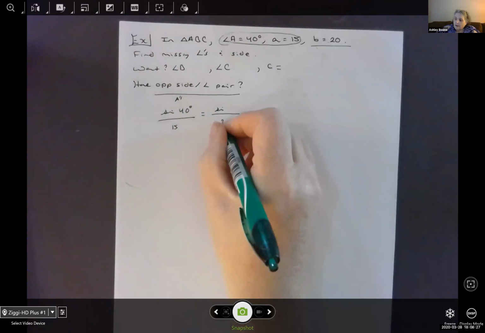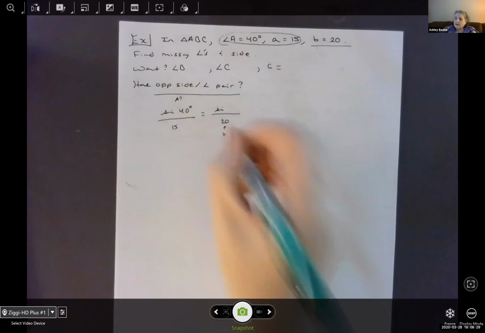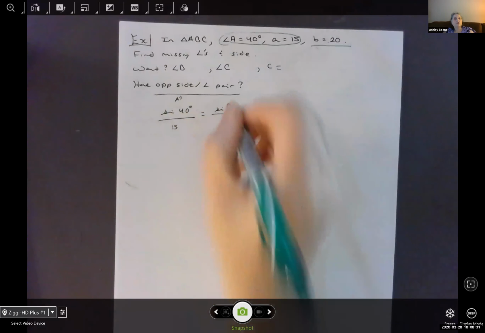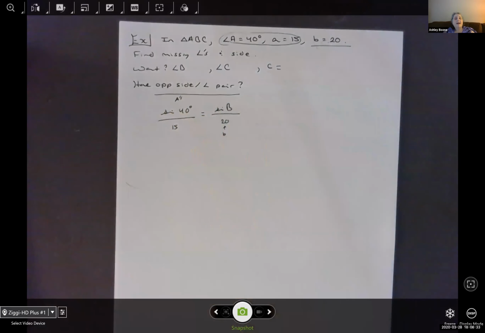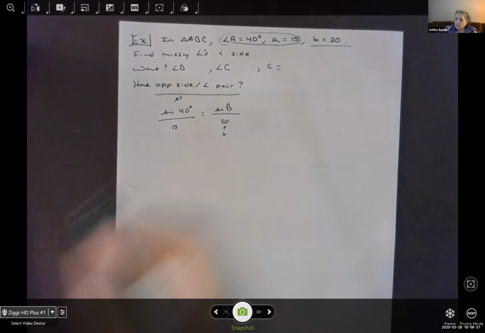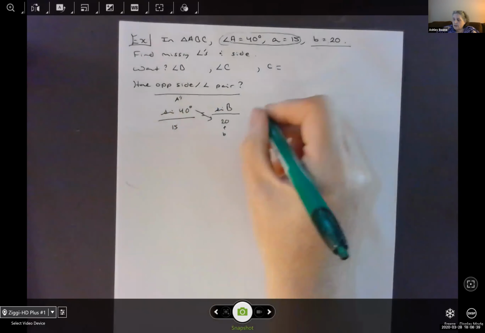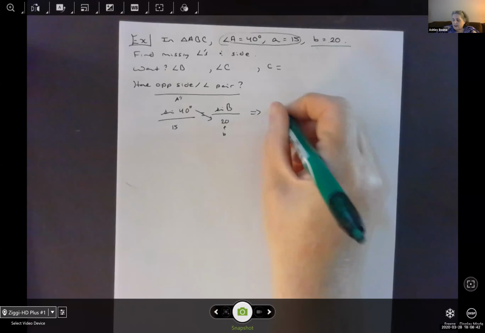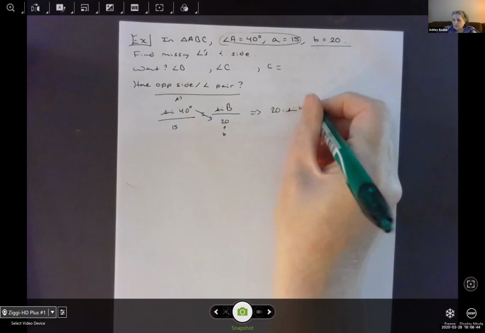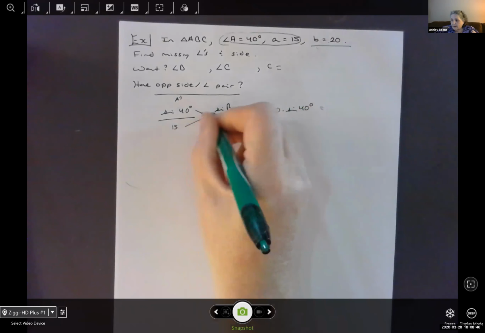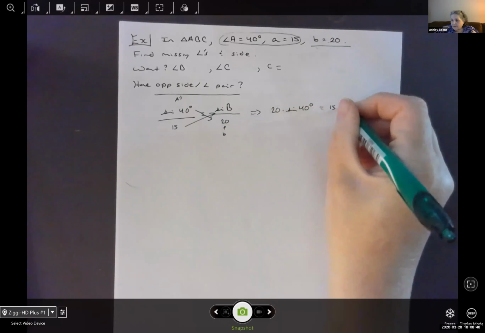So if side B is 20, then this would be the sine of angle B. So we can find angle B using our law of sines. Again, we'll cross multiply. So that's going to be 20 times the sine of 40 degrees is equal to, cross multiply, 15 times the sine of B.